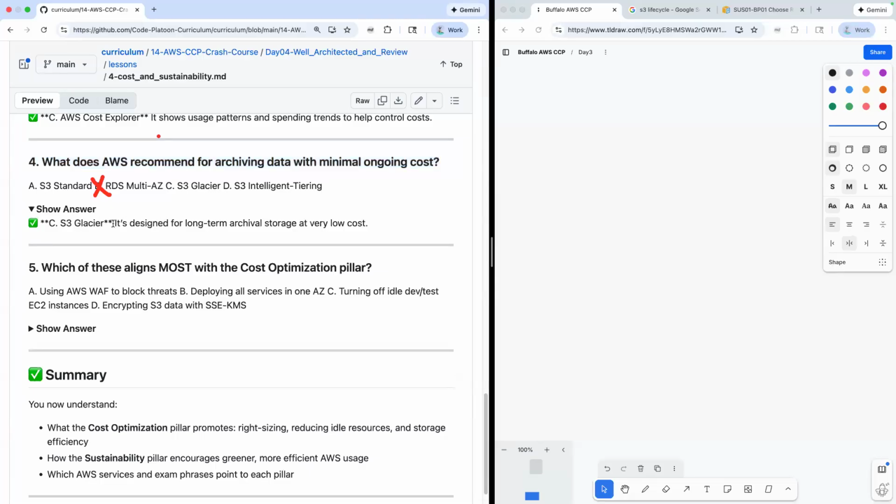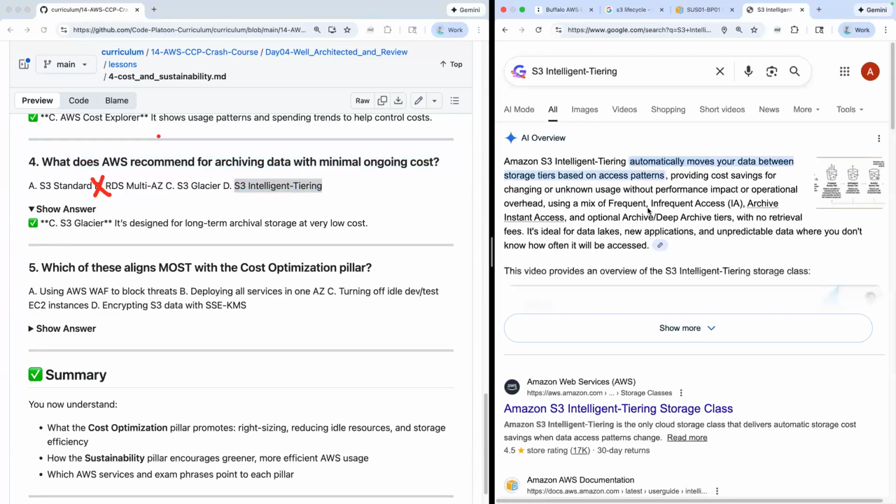Cool. All right, so the answer here was C. This is a tricky one in terms of, if I don't know what some of these are, there's not a lot of hints here. I actually have not seen S3 Intelligent-Tiering before. I'm not sure what that is, though we can find out real quick. It automatically moves your data between storage tiers based on access patterns. So that's related actually.